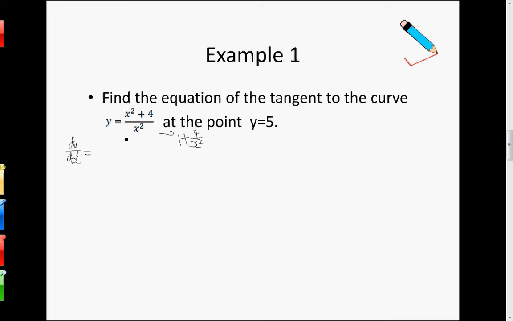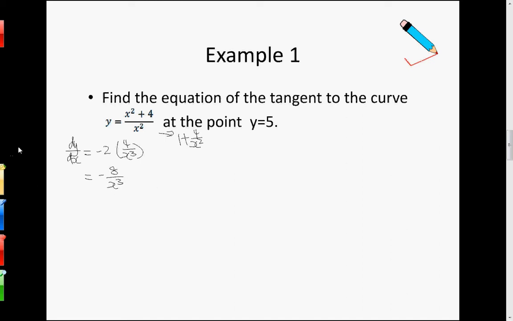If you were to do the dy/dx, the 1 would just disappear, and differentiating 4 over x squared would just be negative 2 times 4 over x cubed, which is negative 8 over x cubed.